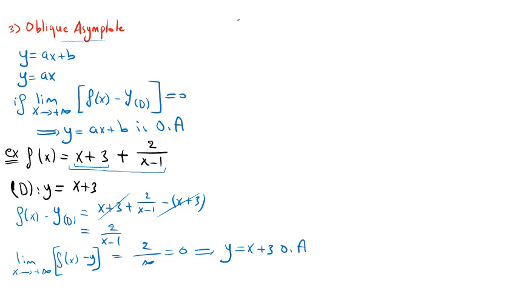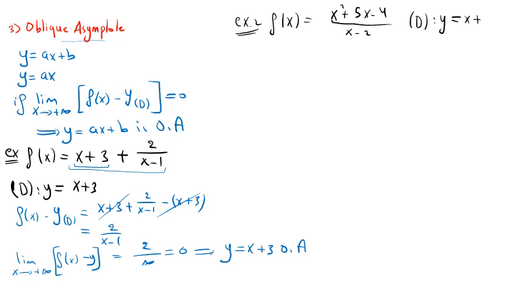Example 2, if we have f of x in a different form, which is x squared plus 5x minus 4 over x minus 2, and the line D is of equation y equal x plus 7. First, we want to calculate f of x minus y. It is equal to x squared plus 5x minus 4 over x minus 2 minus x plus 7. We should make the same denominator.